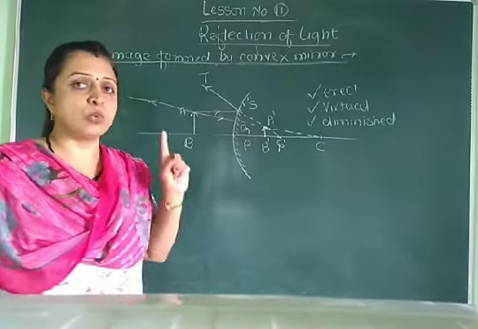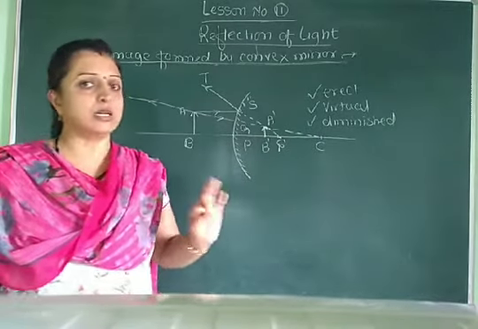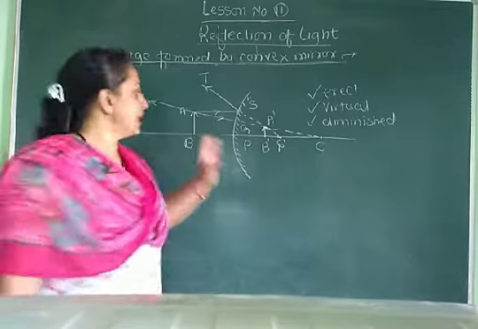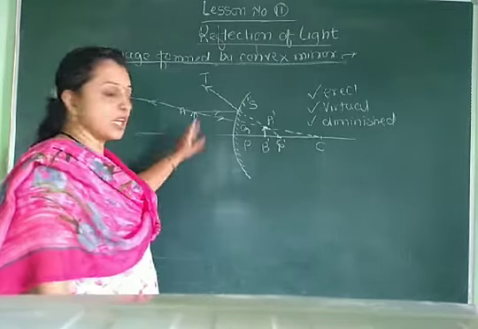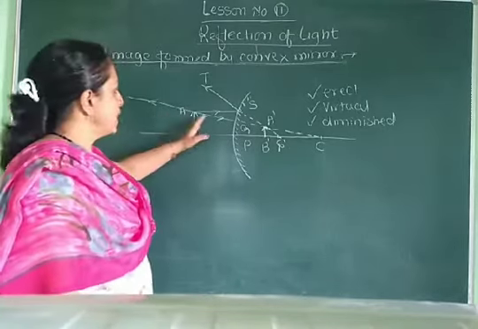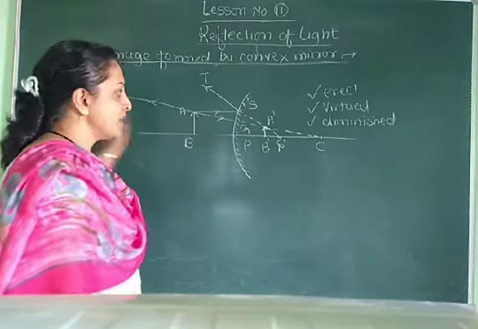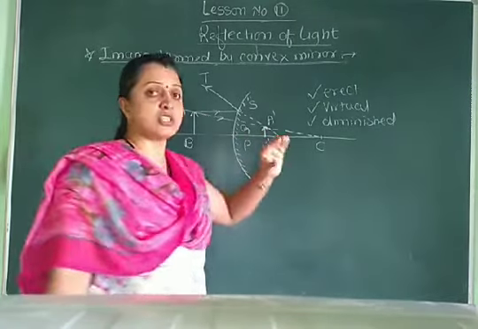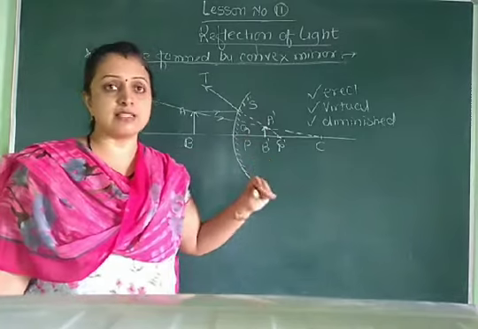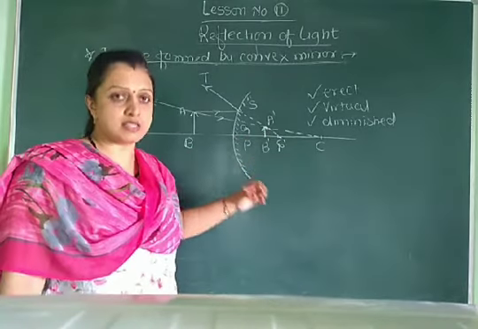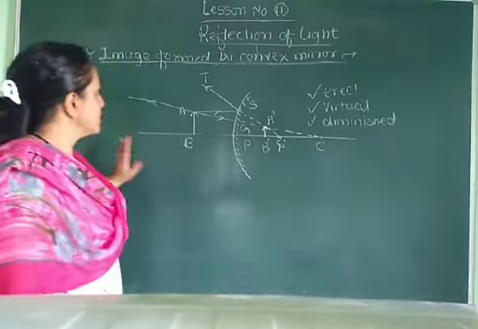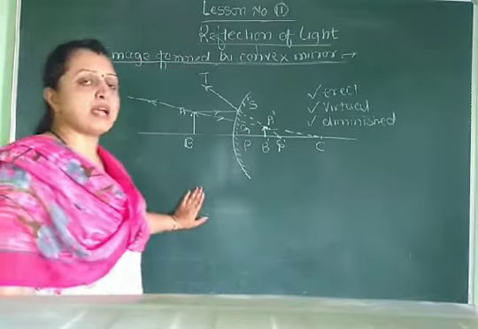So this is the only condition that we have to remember. If we move this object away from the mirror, then the size of this image goes on decreasing. It becomes smaller and smaller. Remember this. So this is about the image formation by a convex mirror.